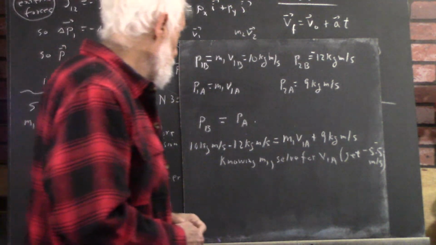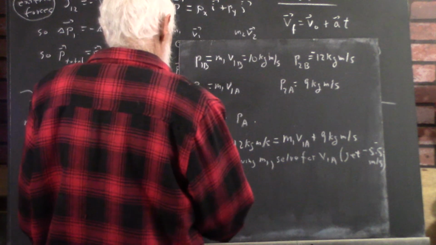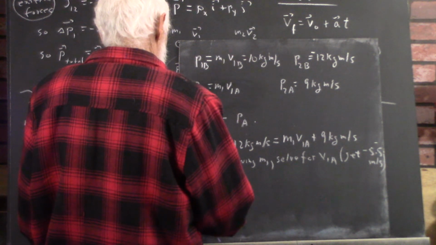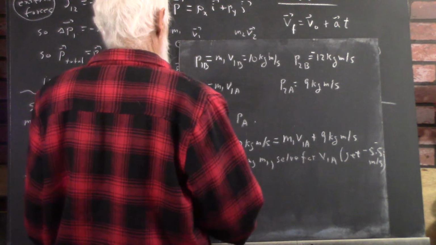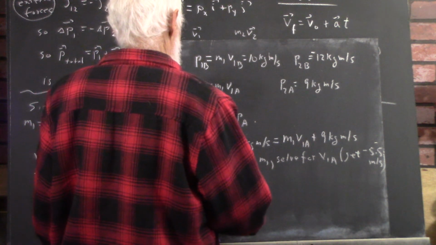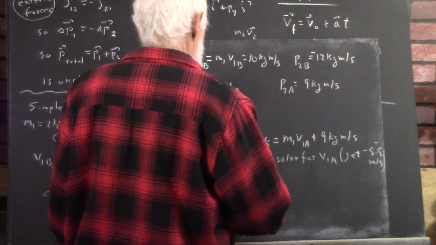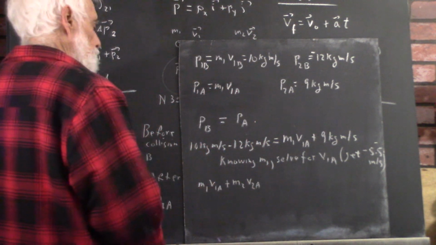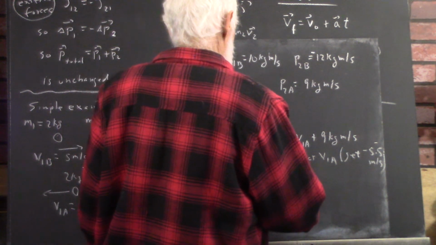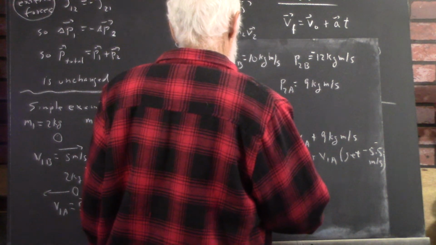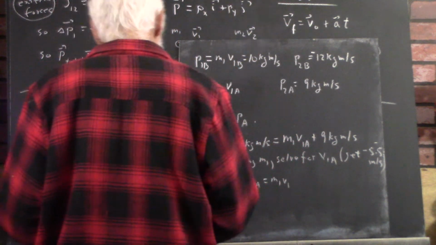Okay. Now in symbols, because that's the way we really want to look at this, you've got M1 V1A plus M2 V2A, and actually I should probably put the before.